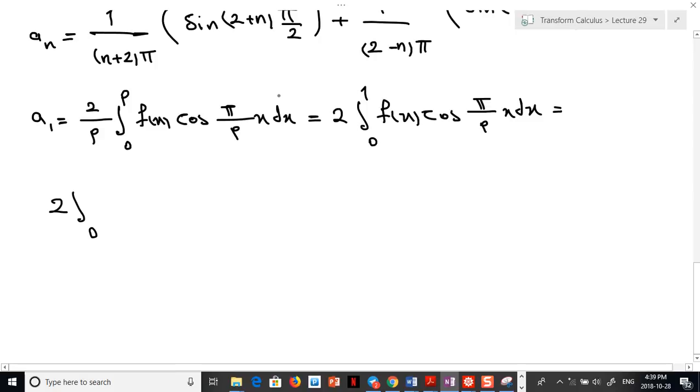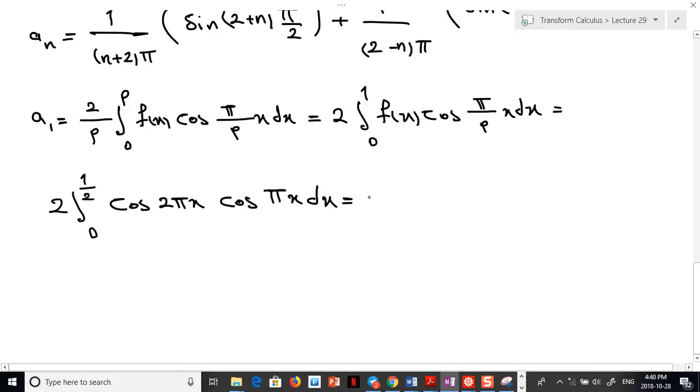We know that the function is equal to 0 when x is between half and 1. As a result, it's equal to the integral from 0 to half of cosine 2 pi x cosine pi over p. Pi is pi and p is 1, so we have cosine pi x dx.